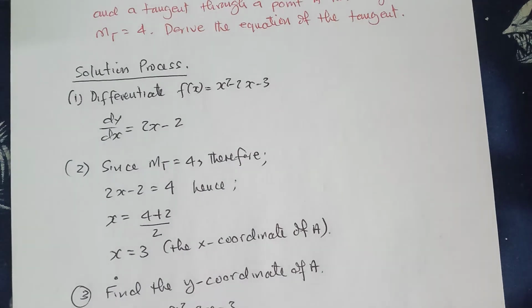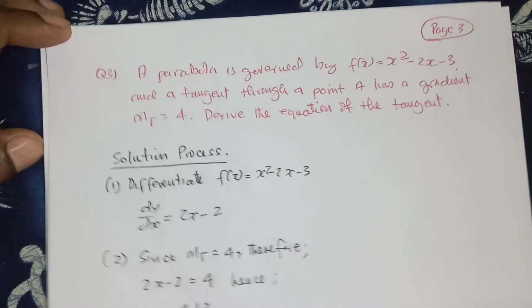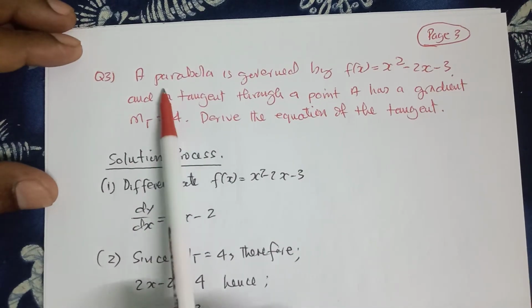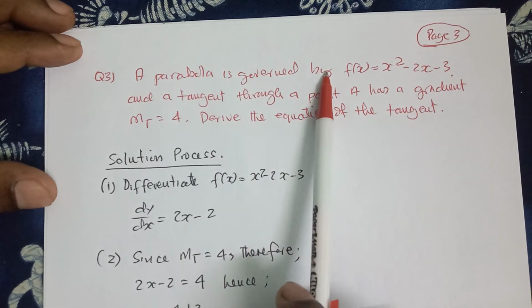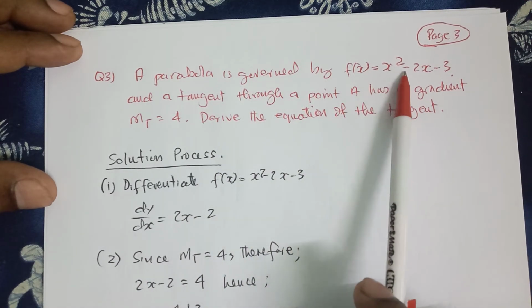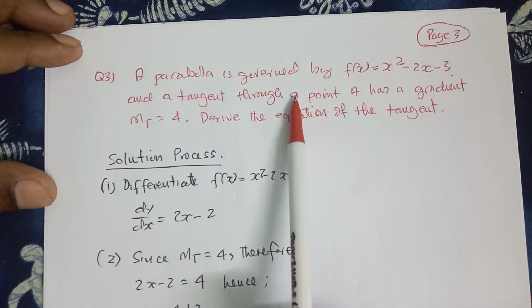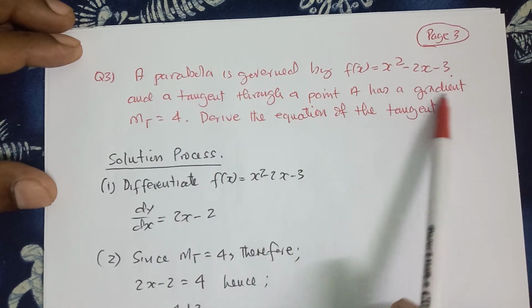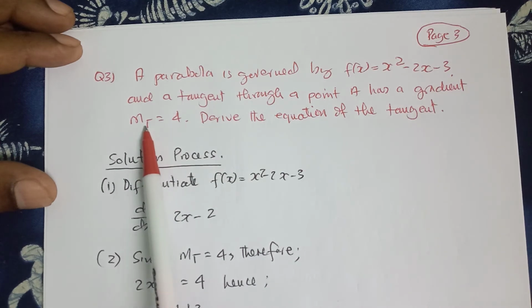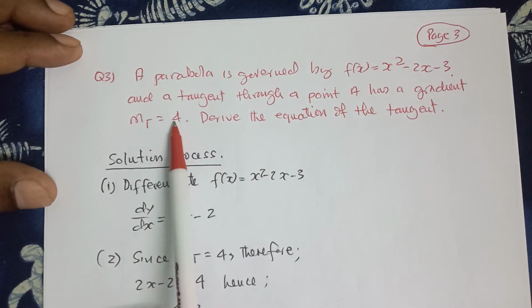Let's move on to problem 3. A parabola is governed by f(x) = x squared minus 2x minus 3, and a tangent through a point A has a gradient m subscript t = 4.